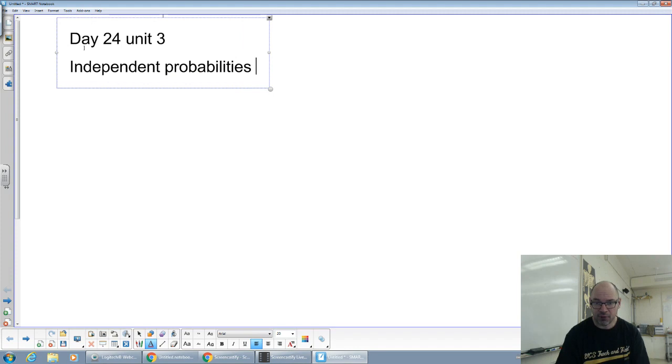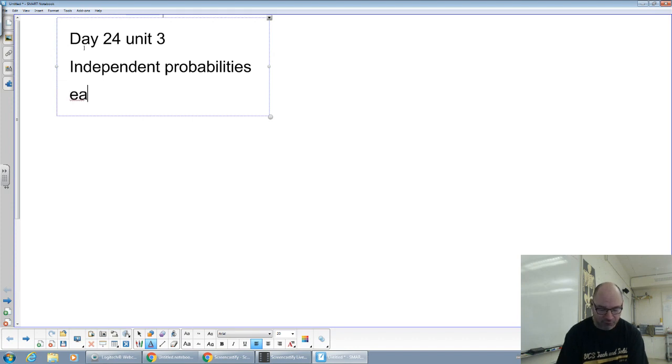This means that when you have two or more events, the probability of one doesn't affect the probability of the other event.